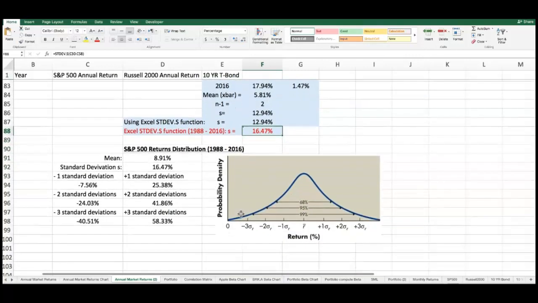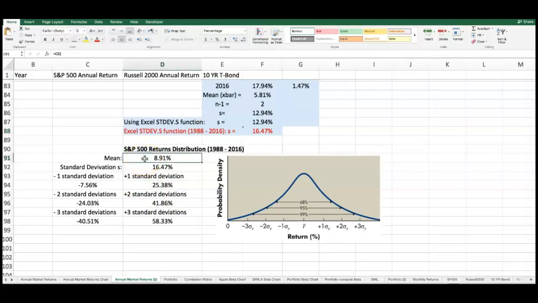Now, over this entire period of 1988 to 2016, the mean or average return, the X bar from before in the formula, is 8.91%.